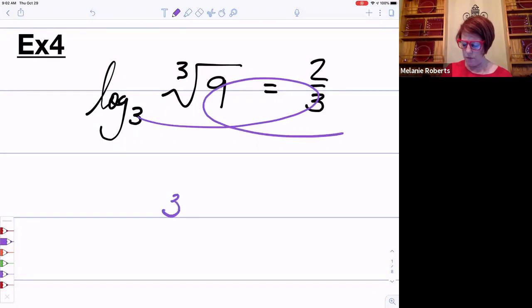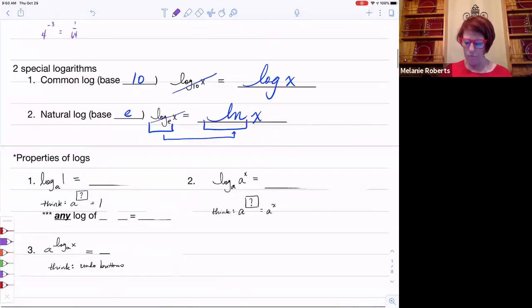We'll start with the base of 3, raise that to the 2/3 power, and that's going to equal the cubed root of 9. Again, there's no math involved in either one of those. It's just simply converting from one type of mathematical statement to another type of mathematical statement.